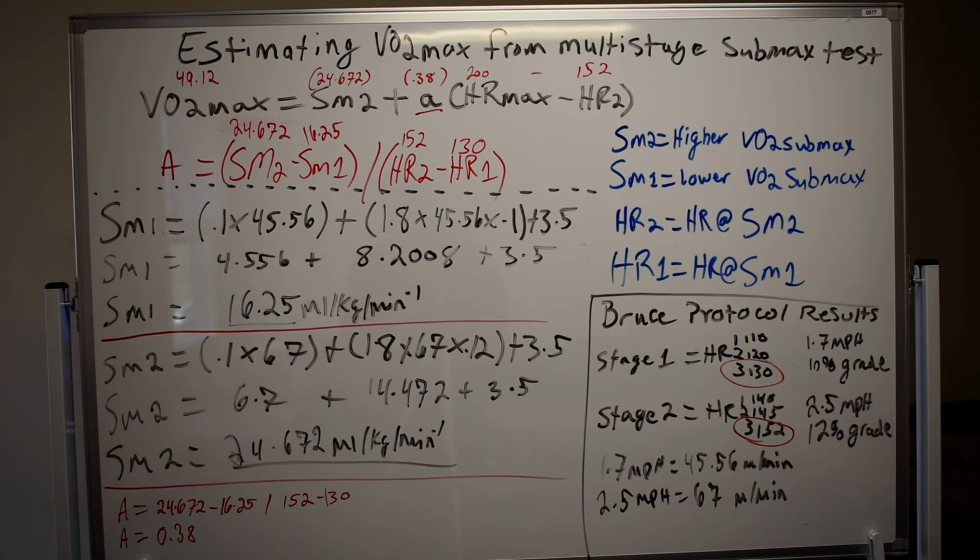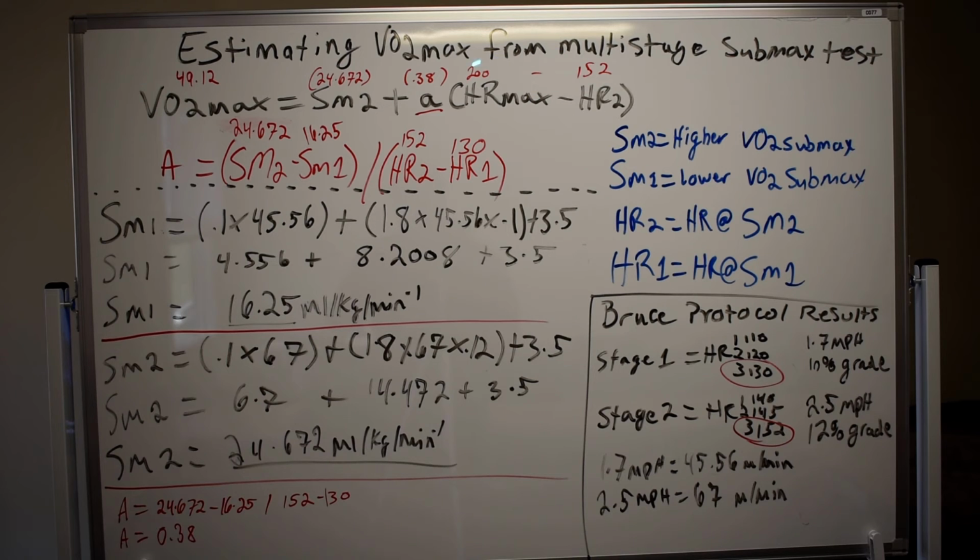It should come out to 48, if my math is correct, just off the top of my head. So 48 times 0.38 should give us 18.24.